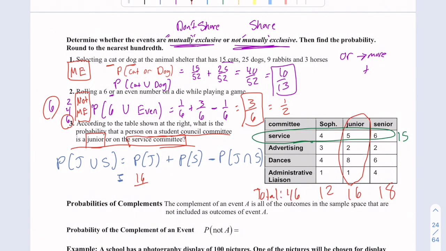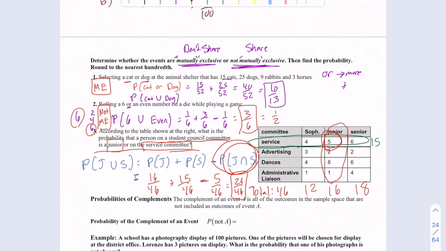Okay. 16 over 46 plus the probability of on the service is going to be 15 out of 46 minus the probability of being both, right, because you're counting it twice, is 5 out of 46. So this would get me 26 over 46. Boom. Okay.